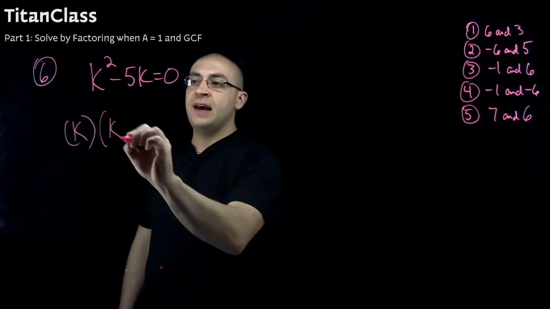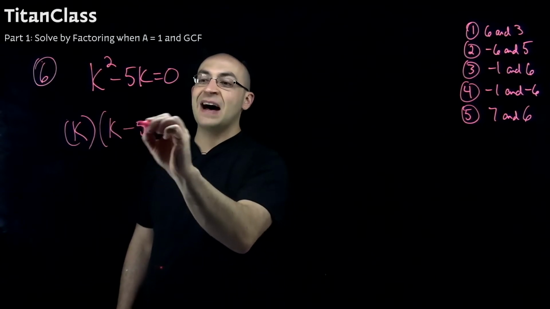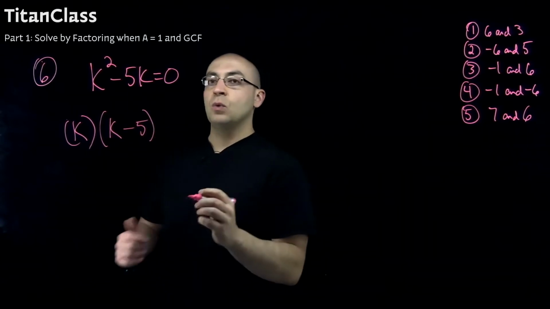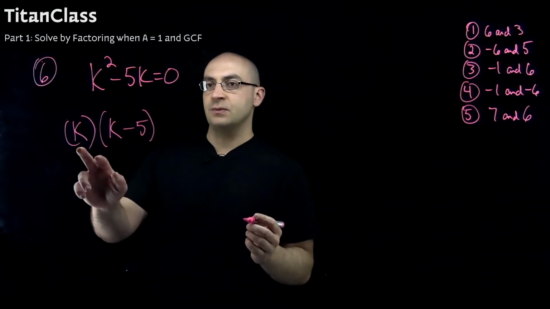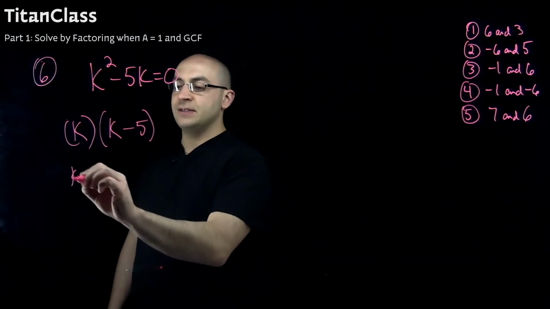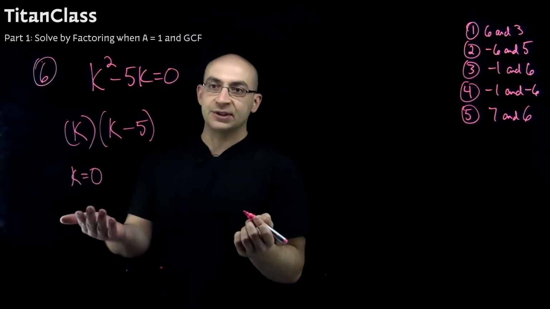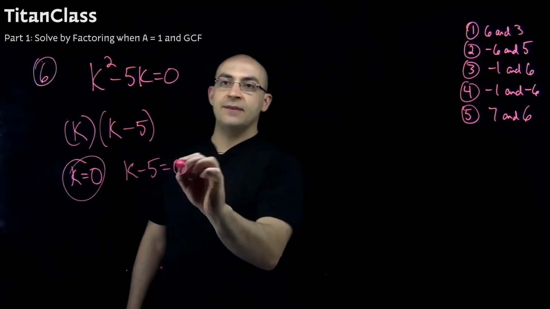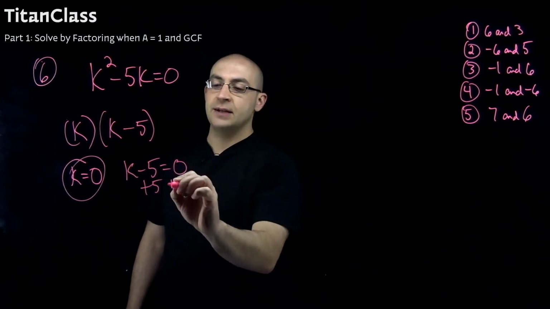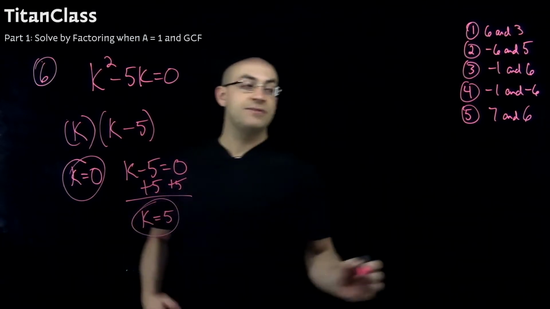Then we're left with k, which is the division of k from k squared, minus 5. Now, we're going to set both of these parentheses equal to 0. That's why I like to put parentheses with the first thing I take out, because it's a really easy fix where I just set it equal to 0, and that's actually one of the solutions, k equals 0. So it kind of does it for me. Then I'll have k minus 5 equals 0, add 5 to both sides, and I'm going to get k equals 5. So my two answers are 0 and 5.